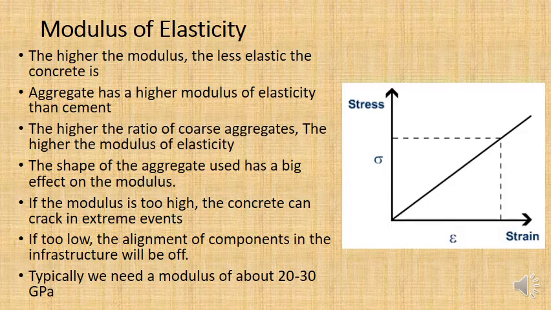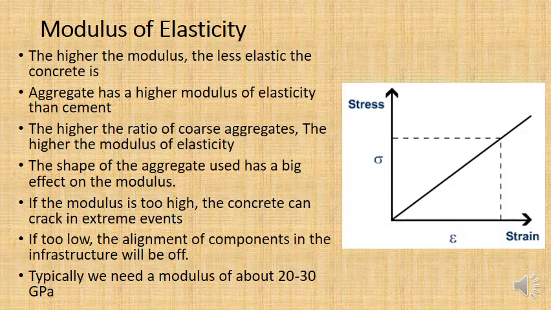The strain will be very small. It'll be around 0.005. So that means the modulus of elasticity for concrete could be anywhere between 10 to 50 GPa, gigapascals.